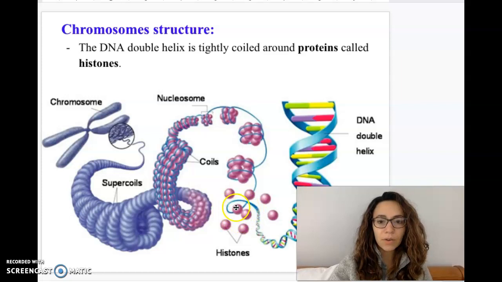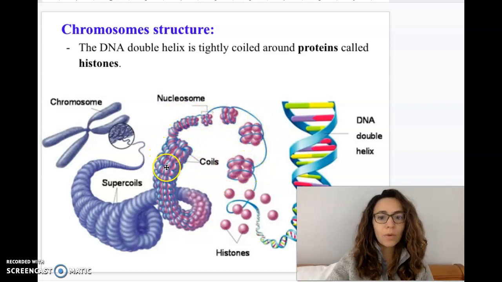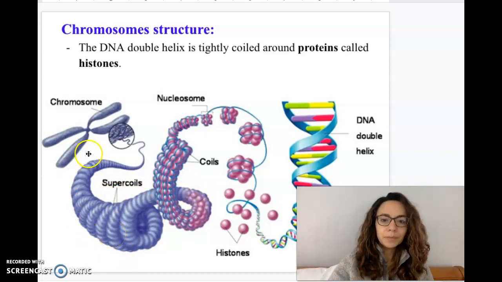These are called histones. So they're kind of wrapped around those. And then those are even wrapped around and coiled around each other even more. So it's a really tightly, well-organized little structure that they're creating here to create these supercoils, kind of like a 1980s telephone cord. And eventually all that coils together to make up this chromosome.